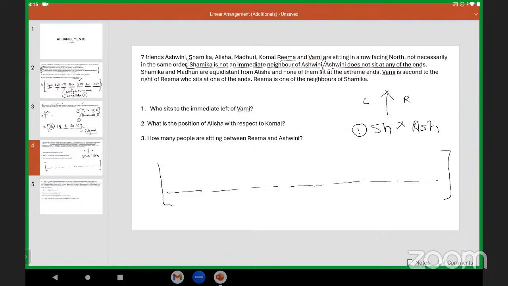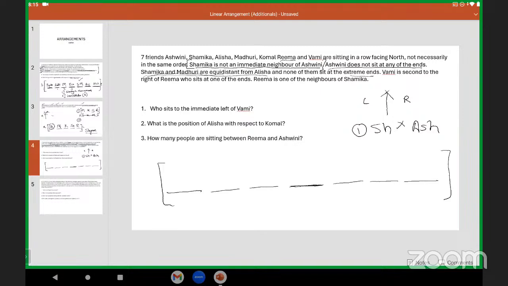Shamika and Madhuri are equidistant from Alisha, and none of them sits at the extreme ends. Okay, so none of them sits at the extreme ends. So there is a possibility that Shamika can be in between, and the rest two can be equidistant to her, but not at the extreme ends. It's fine.